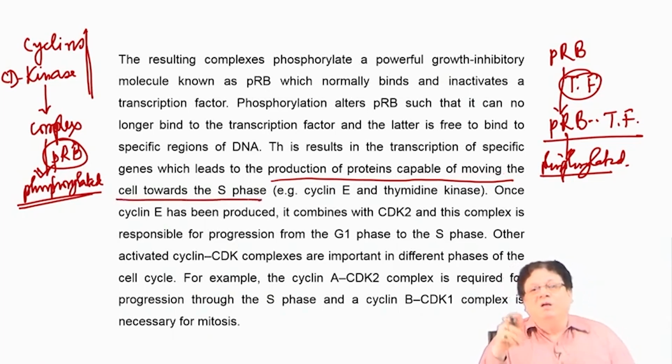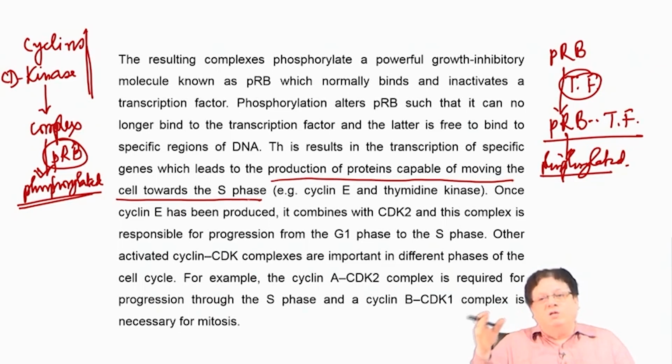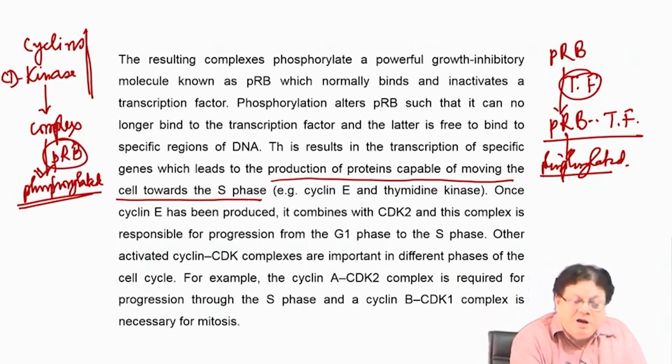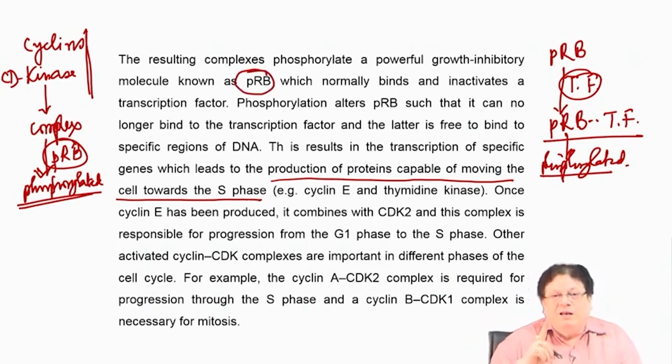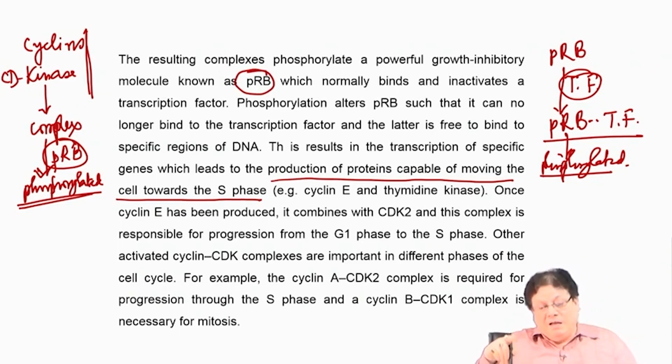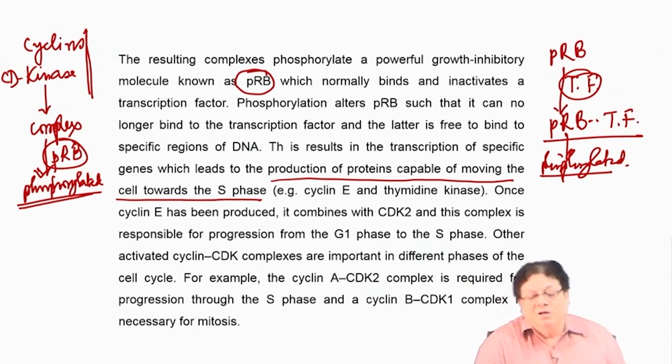So we are talking about the cell going from the G1 to the S phase. In that case the PRB protein is very important. Phosphorylation means it cannot bind to the transcription factor, and dephosphorylation means it is bound to the transcription factor. That is nature's way of controlling the growth of a cell. This is very important: phosphorylation and dephosphorylation.